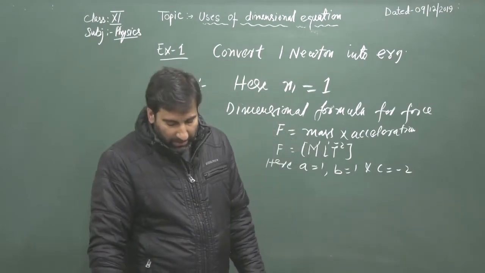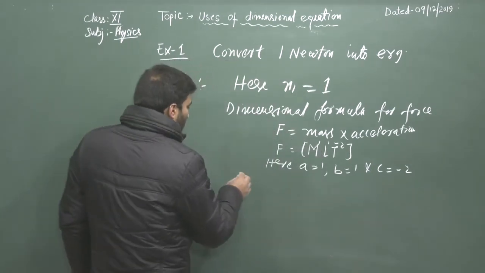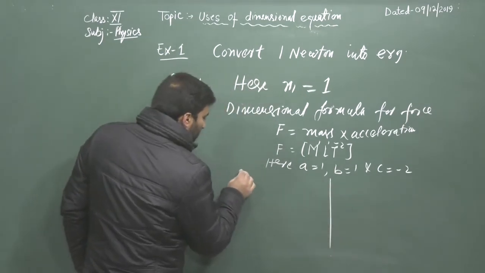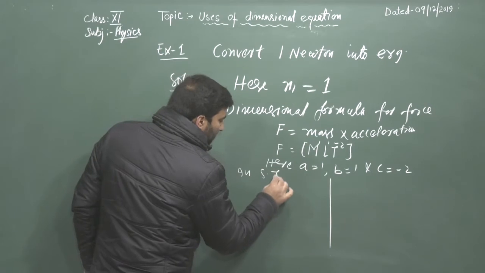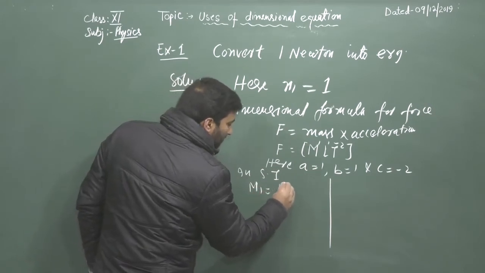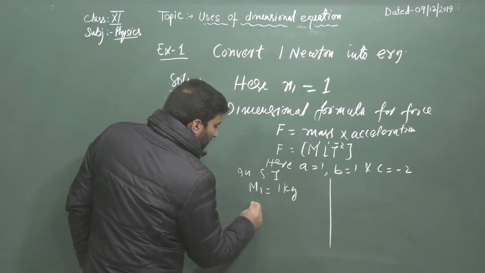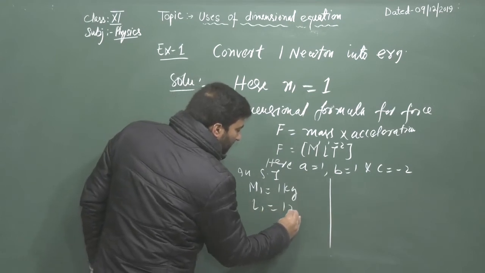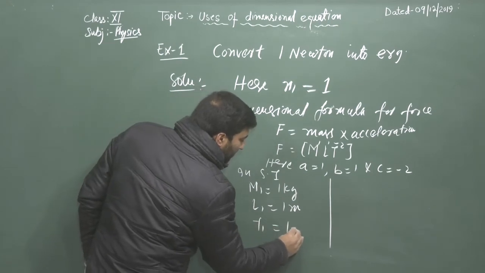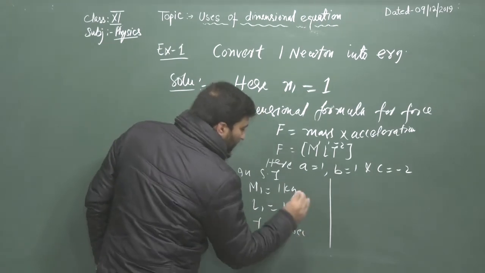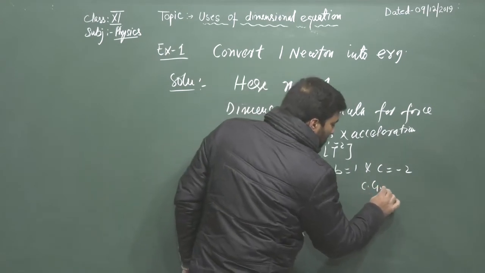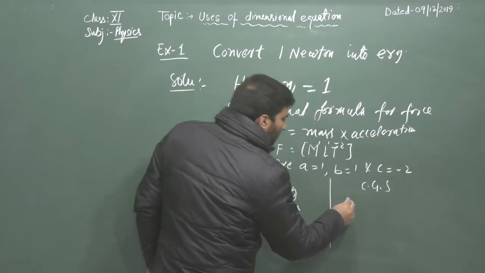Now in the SI system, M1 is equal to 1 kg, L1 is equal to 1 meter, T1 is equal to 1 second. Similarly, we have CGS, centimeter gram second.